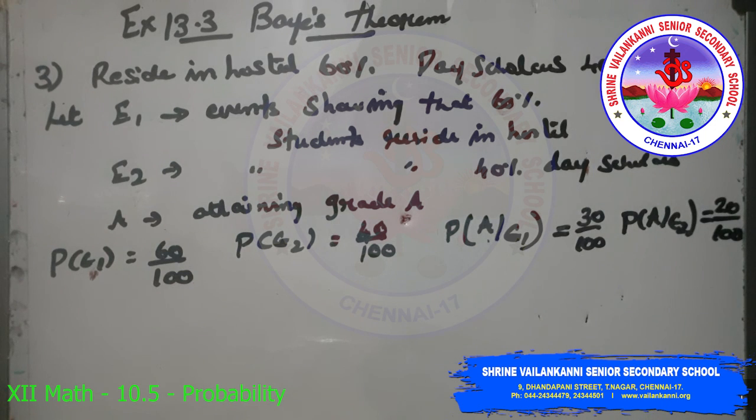So we have to find the probability that the student is a hostelier.